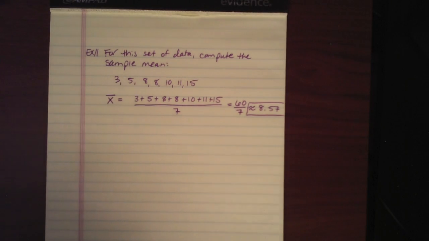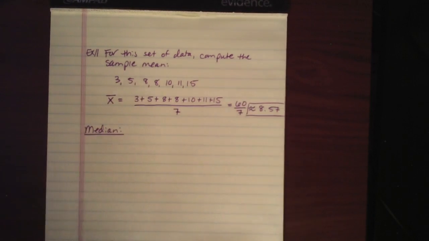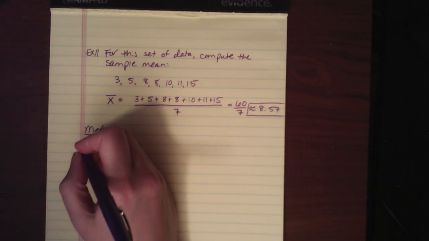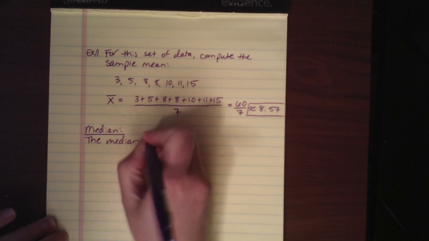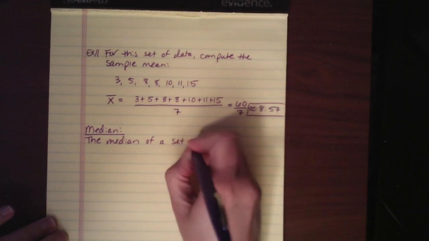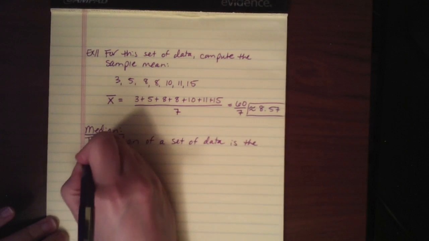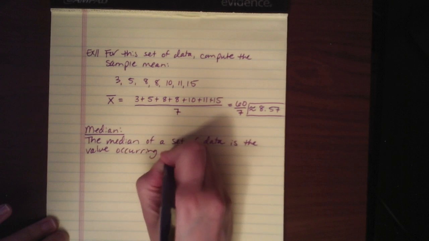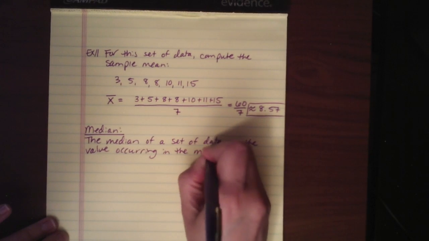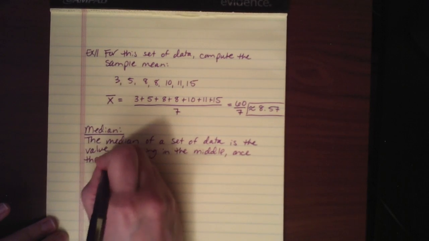The median for the data set is the actual middle value. So the median of a set of data is the value occurring in the middle once the data have been ordered.